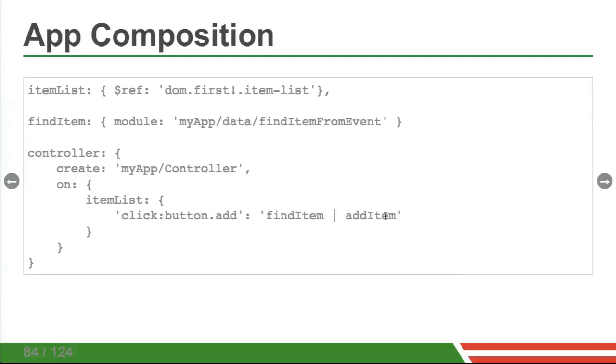Yes? Suppose I need to find it out, right? Can I create a new event at the end of find item and then chain all the other events separately? The question is, can I fan this out in some way? Currently, there's no syntax that you can use within this string to do that.